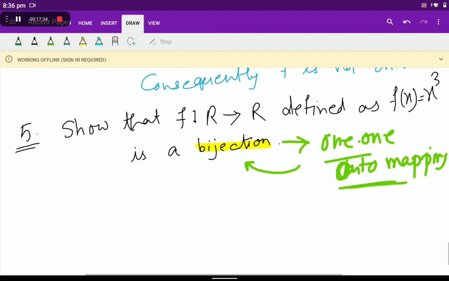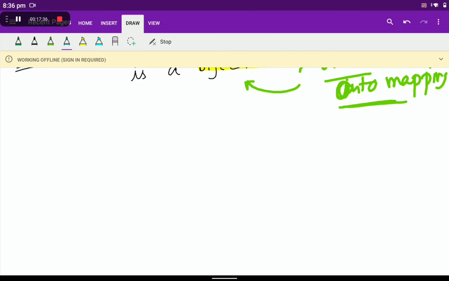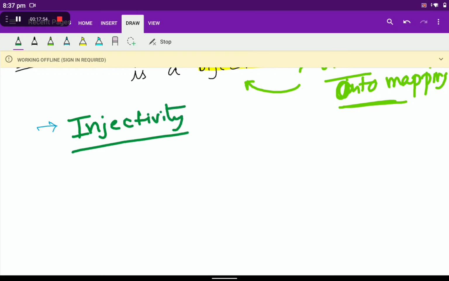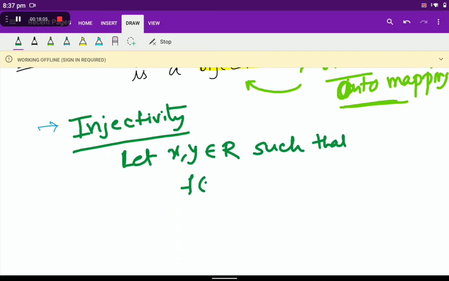Now for 1-1, that is injectivity, let x, y belong to R such that f of x equals f of y.